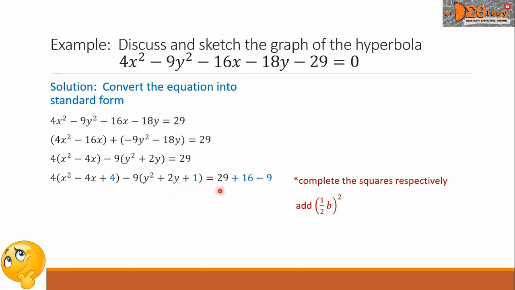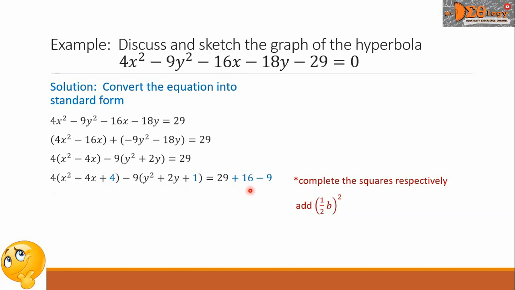Now, look at the right side. We have here plus 16. This comes from this number 4 that is multiplied by the factor outside. 4 times 4 is 16. Actually, we add a number 16 here. That is why we add also a constant 16 on the right side.